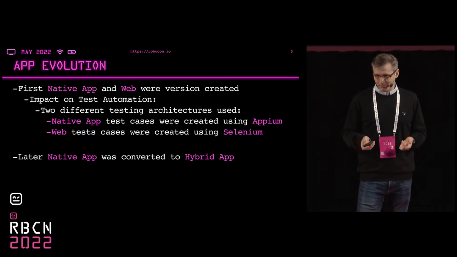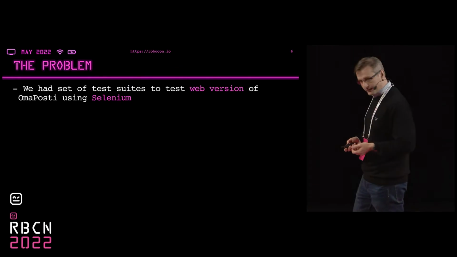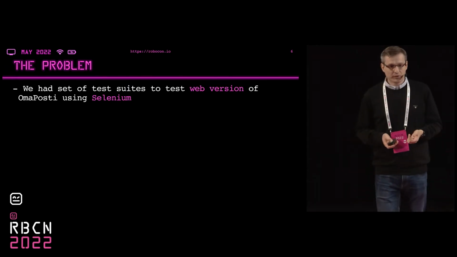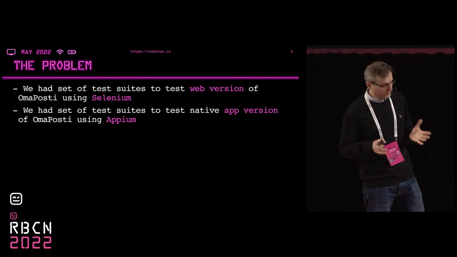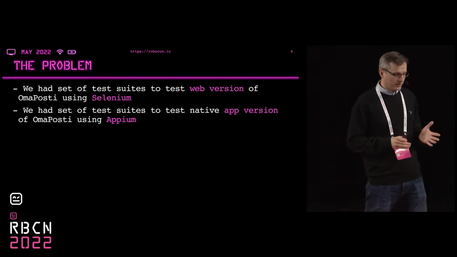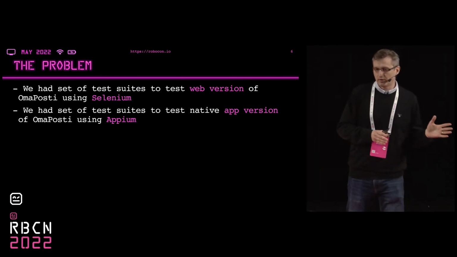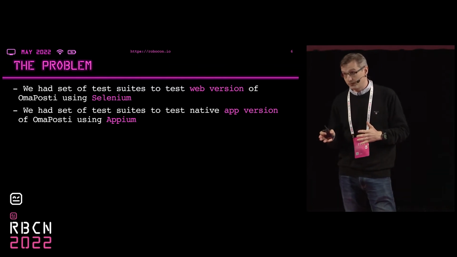So what problem did we have with this? As I mentioned, we had these two test repositories separately, one for the web version and the other one for the app version.